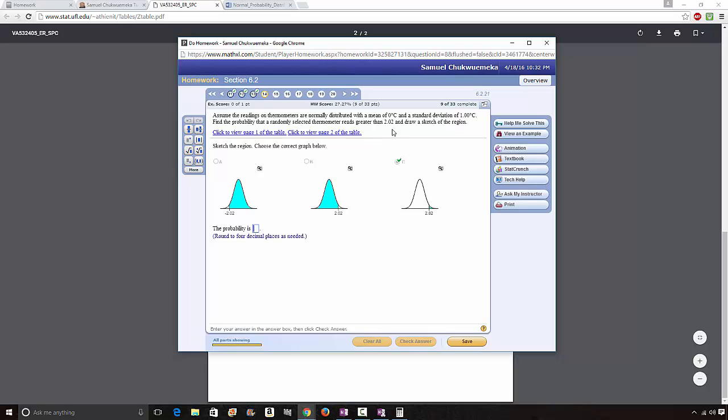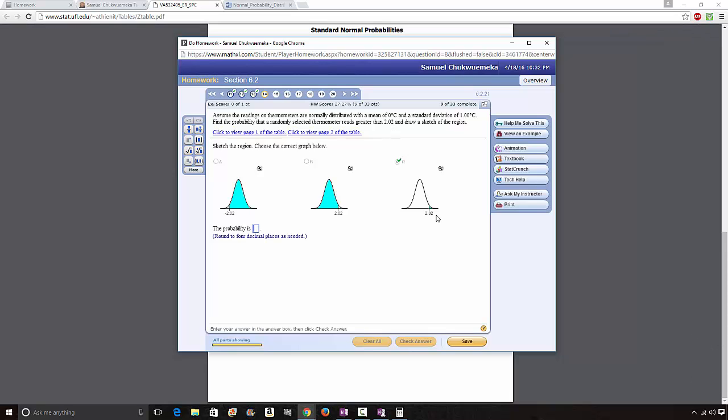So we now look for this area here. This is the area or the probability that we are looking for. But the table that we are using gives us the area or the probability to the left. So we will find that to the left and then subtract from 1 to get this area to the right.